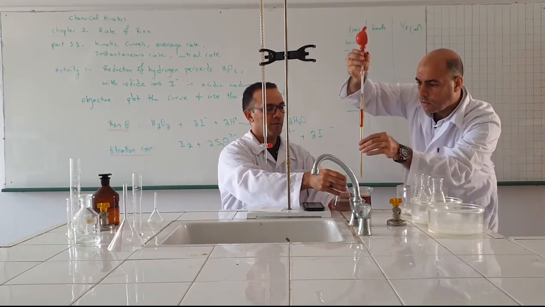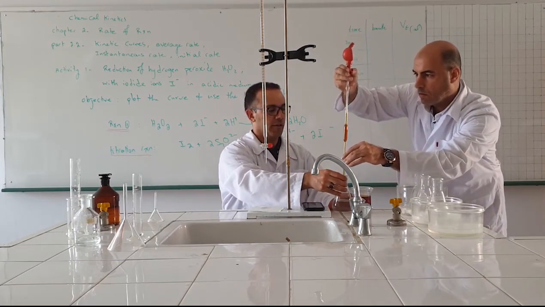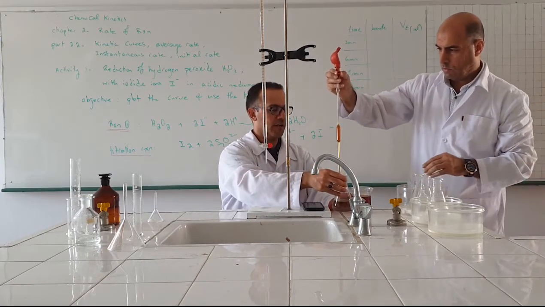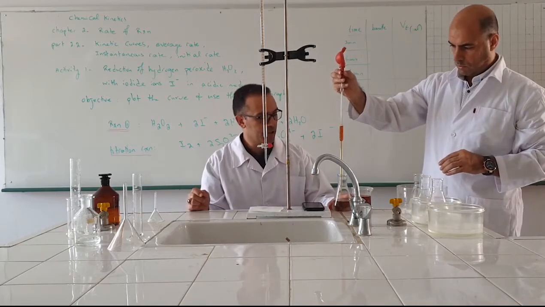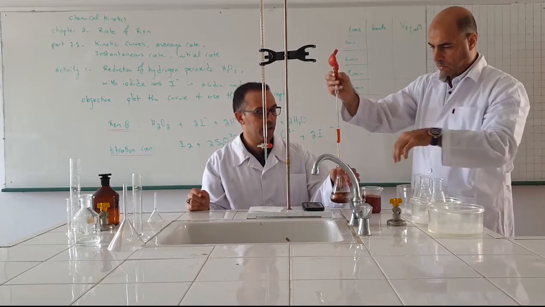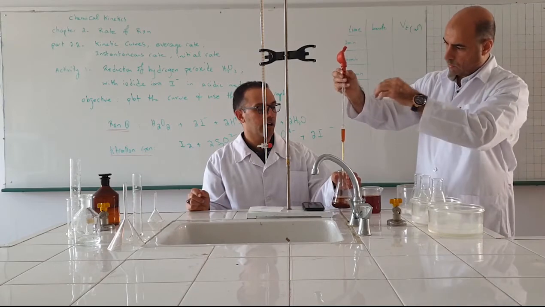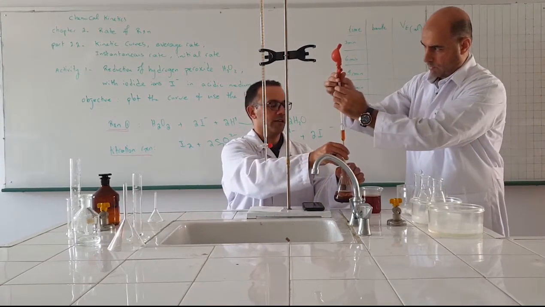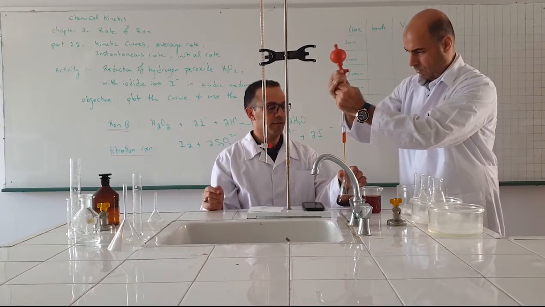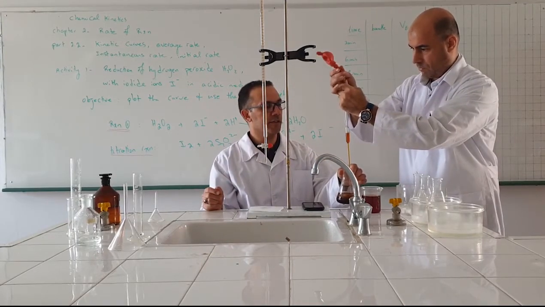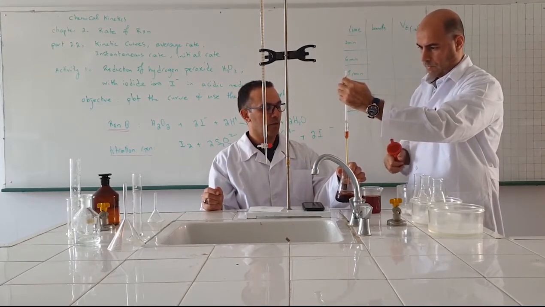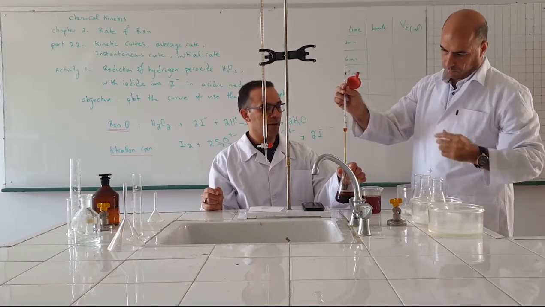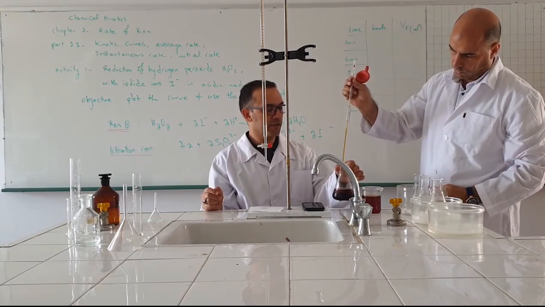this is 10 milliliters of a solution that contains iodine, taken from the reaction mixture and added immediately into an Erlenmeyer flask containing 150 milliliters of distilled water and about 2 milliliters of starch.